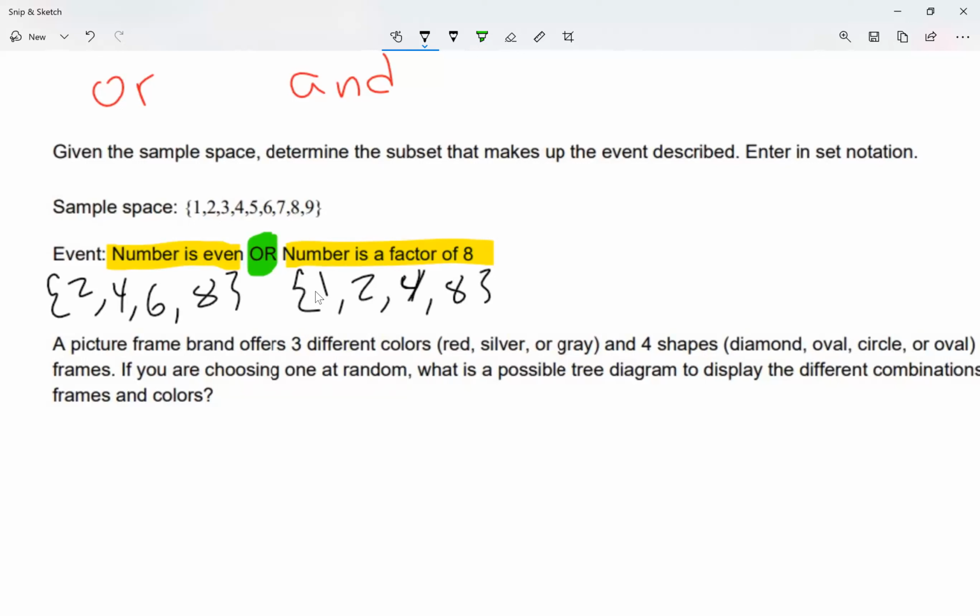Remember, what is a factor of 8 is that 8 divided by one of its factors will give me a whole number. Right? 8 divided by 1, 8 divided by 2, 8 divided by 4, 8 divided by 8. All those are factors of 8 because 8 divided by a factor will give me a whole number. All right. So I saw each of my cases, each of my possible outcomes, or my favorable outcomes.